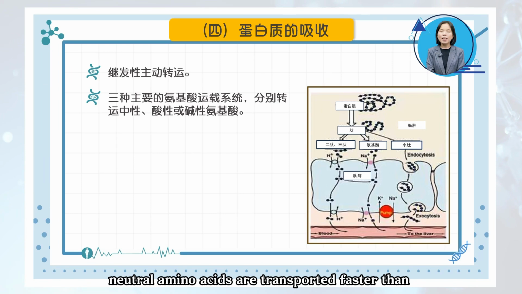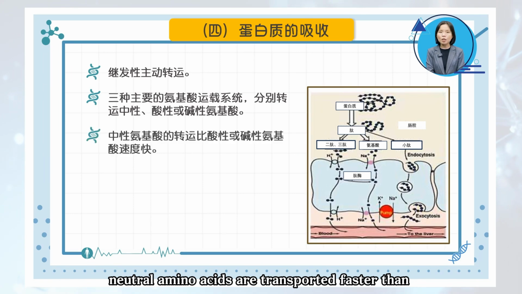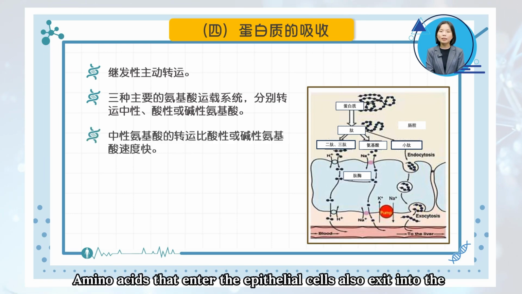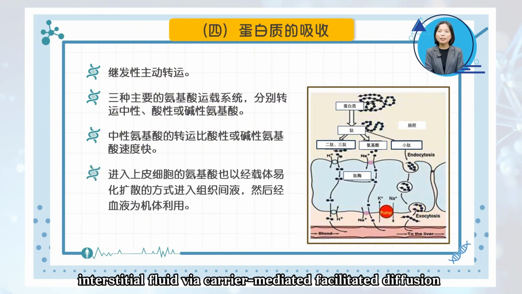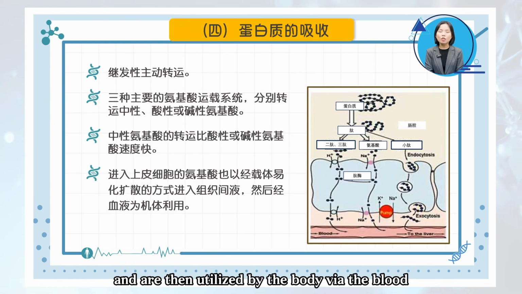Generally, neutral amino acids are transported faster than acidic or basic ones. Amino acids that enter the epithelial cells also exit into the interstitial fluid via carrier-mediated facilitated diffusion and are then utilized by the body via the blood.